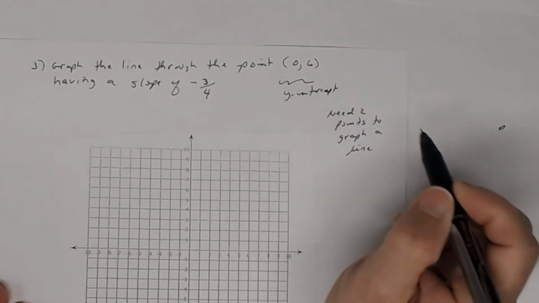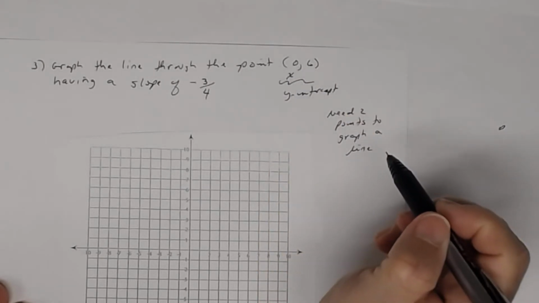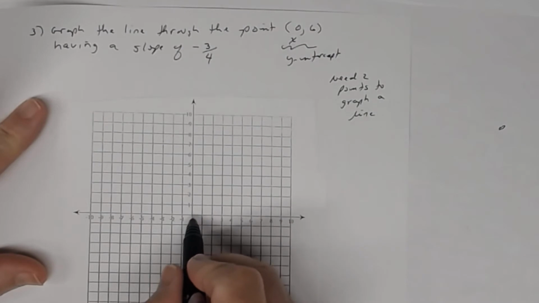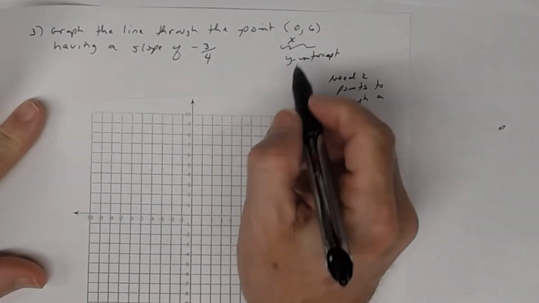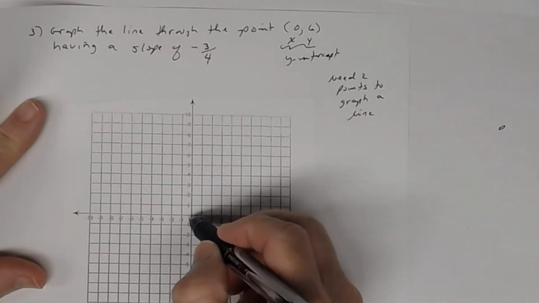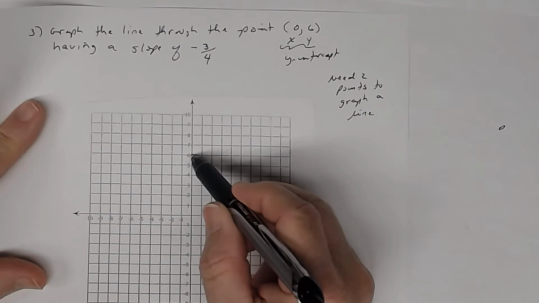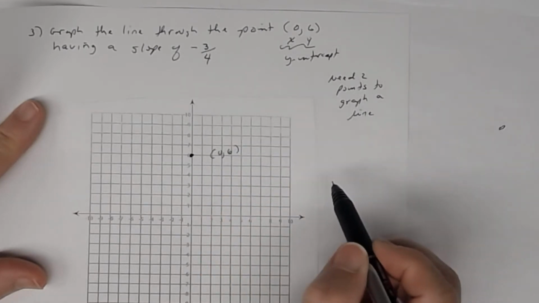And how do you know that's the y-intercept? Because the x-coordinate is 0. That's how you know. So if you plot that point, you start at the origin. Since x is 0, you stay there, but y is 6, so you go up 6: 1, 2, 3, 4, 5, 6. So there's the point (0, 6).